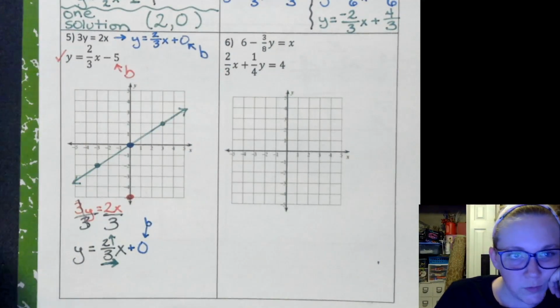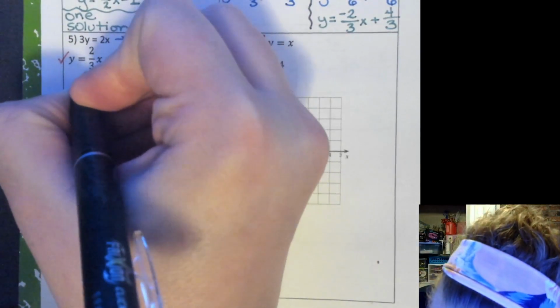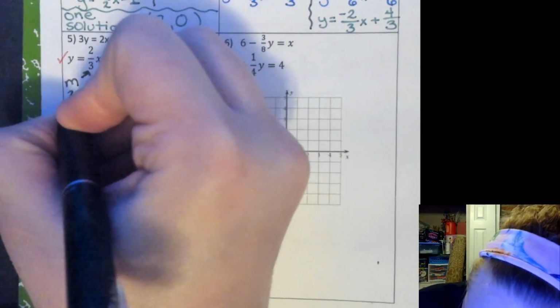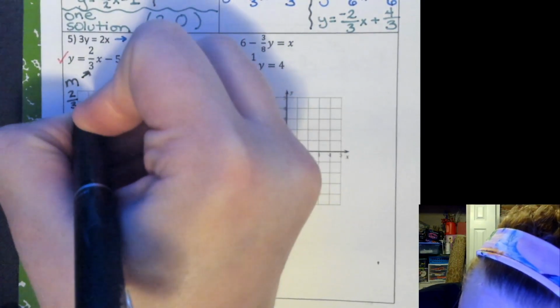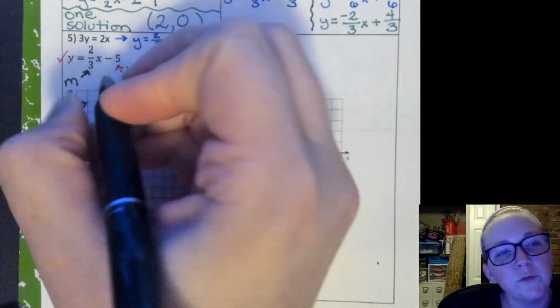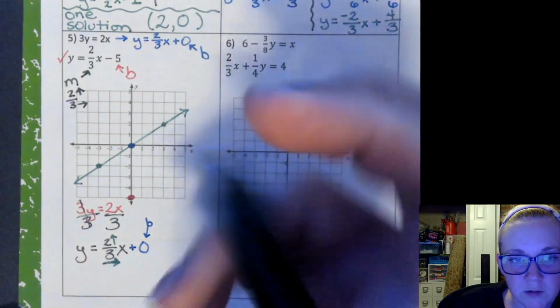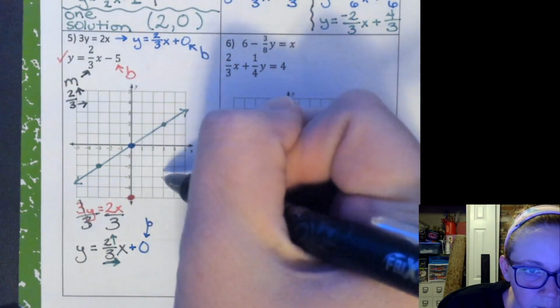But now our slope says 2/3. So remember, this is our m. The bottom number tells you how far to the right. Because the 2 is positive, that's how far up you're going to go. We're going to go up 2, right.